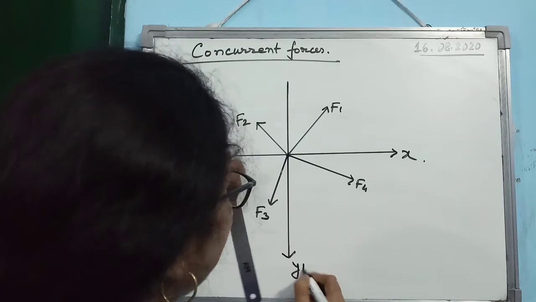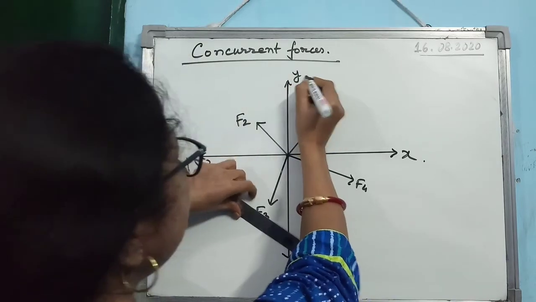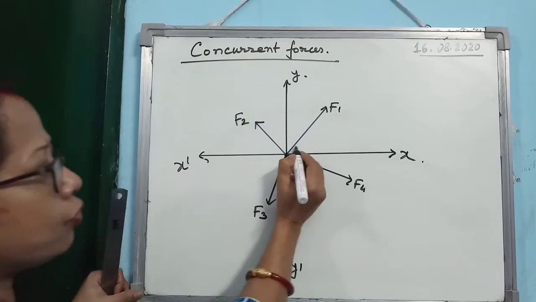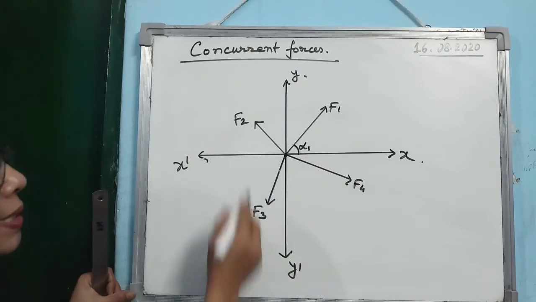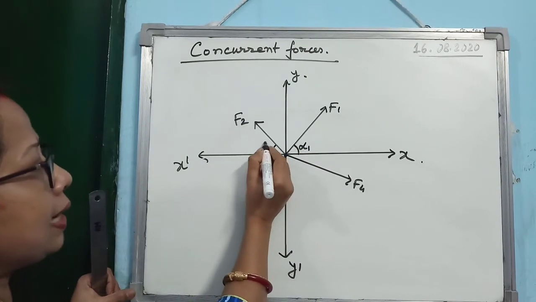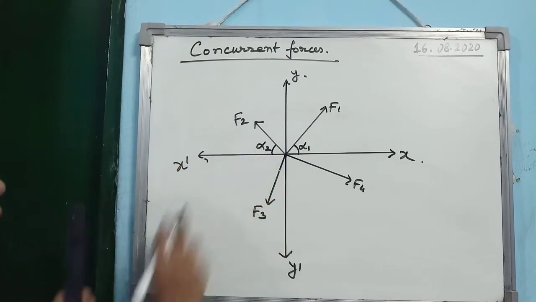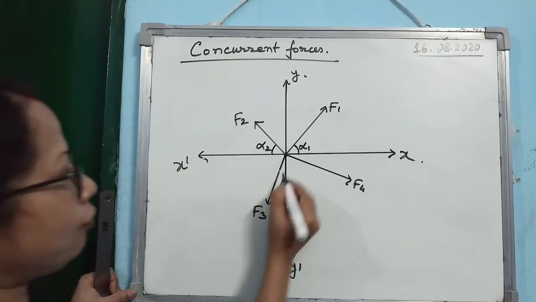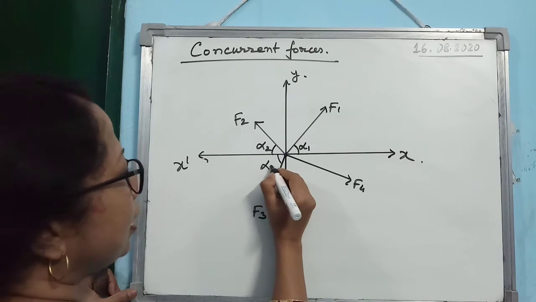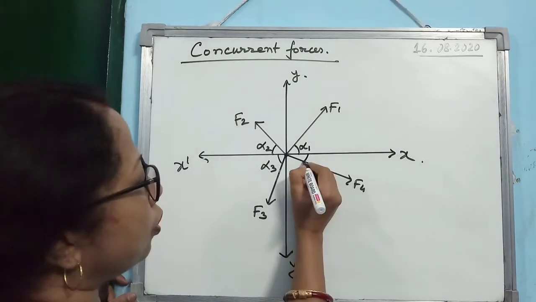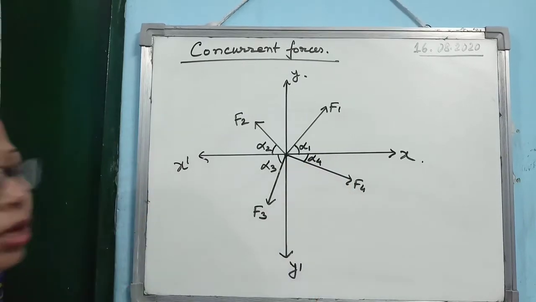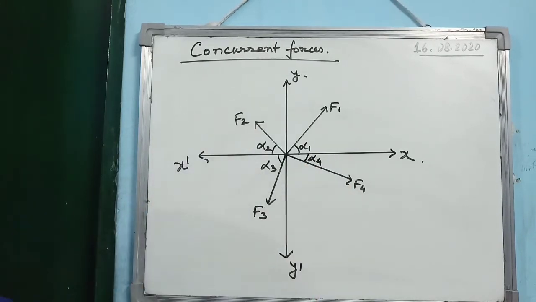So this is x and this is y, and let us consider F1 is making an angle alpha 1 with x axis, F2 making an angle alpha 2 with x axis as shown in the diagram, F3 making an angle alpha 3 with x axis, F4 making an angle alpha 4 with the x axis as shown in the diagram.